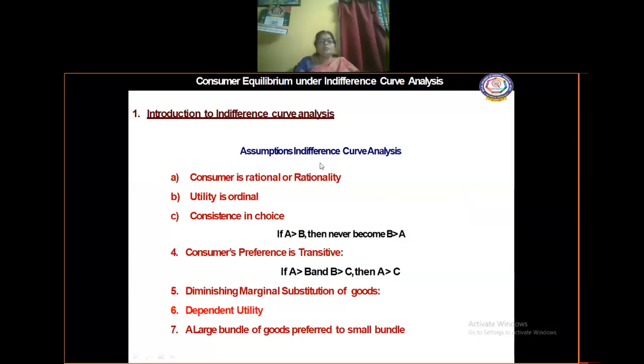Now, the consumer here is rational, who thinks and is sensible to have a combination of various commodities at a particular time, considering only two commodities, and he forgoes one commodity for another to be satisfied at the given price. And what are the other assumptions we are going to see?